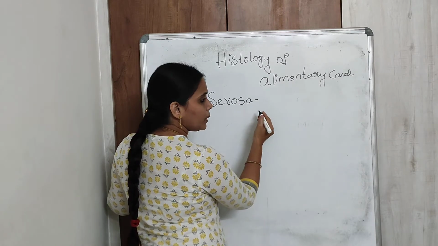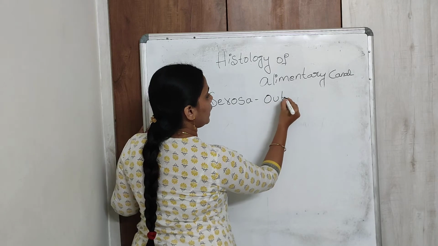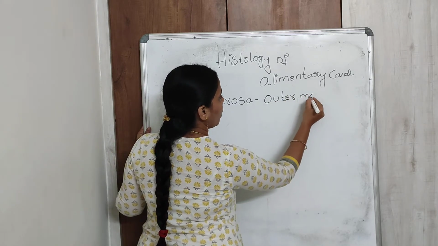Serosa is known to be the outermost layer of the alimentary canal.